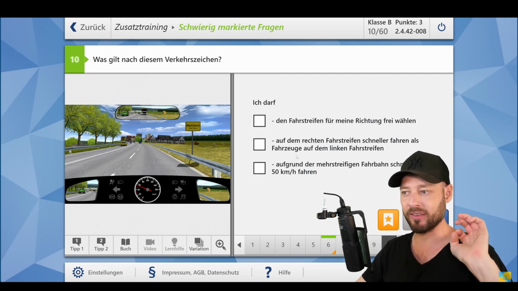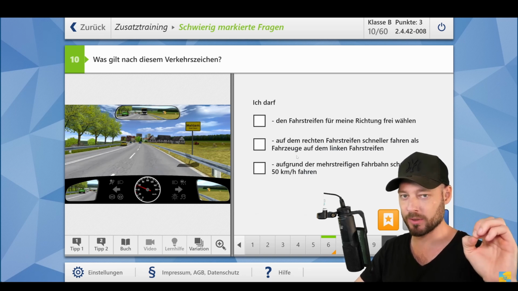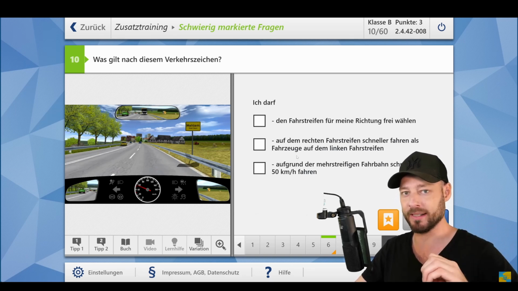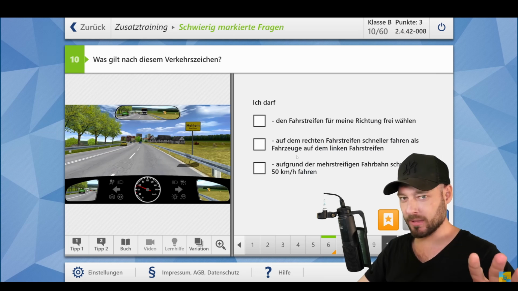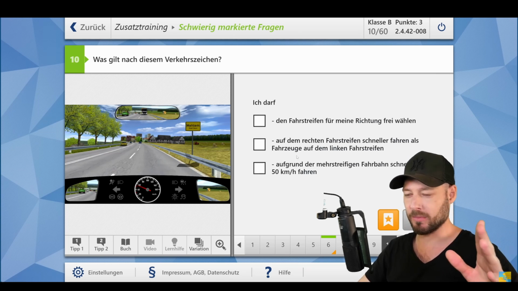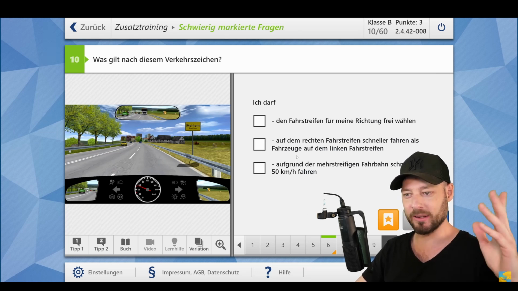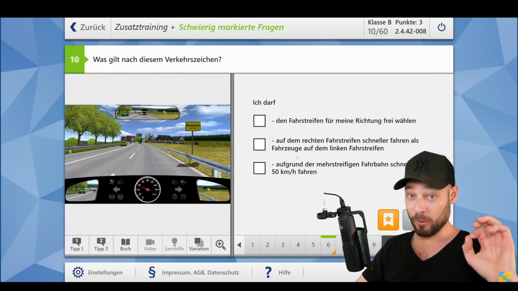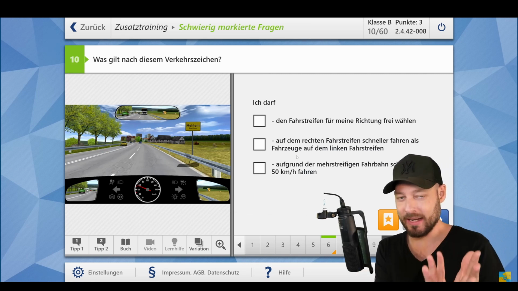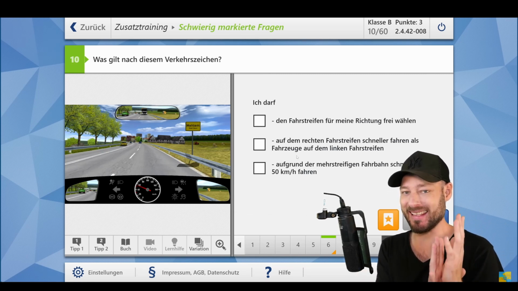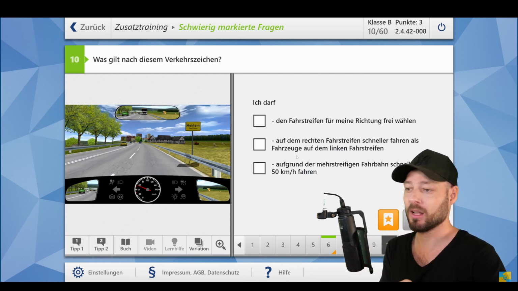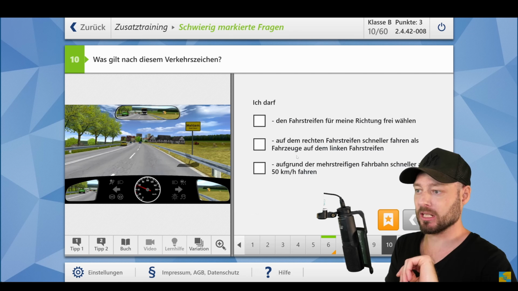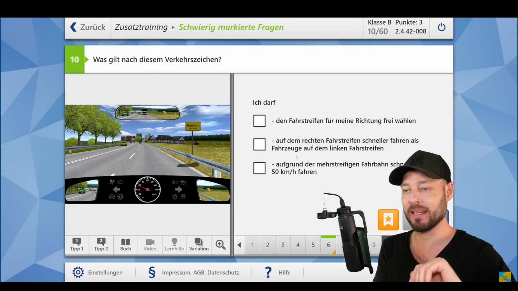Attention, there's a question about driving on the right and whether you're allowed to overtake on the right. You've probably heard this rule before, and maybe your driving instructor has even intervened while you were driving on the motorway. You're only allowed to use the right lane outside built-up areas, unless you want to overtake or are allowed to overtake and are driving faster than the person you want to overtake.